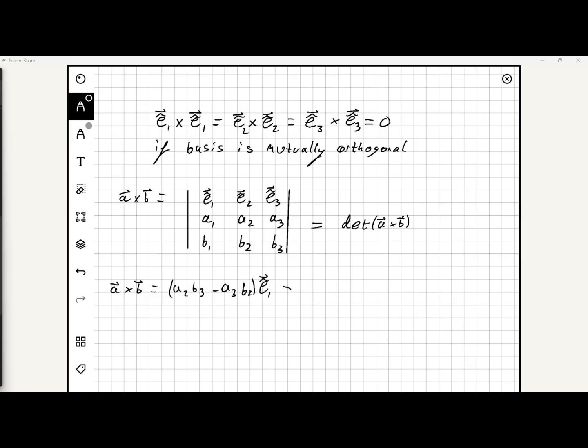Then we've got minus (a1 b3 minus a3 b1), and that's all multiplied by e2. Then we've got plus (a1 b2 minus a2 b1), all of that multiplied by e3, the direction e3.